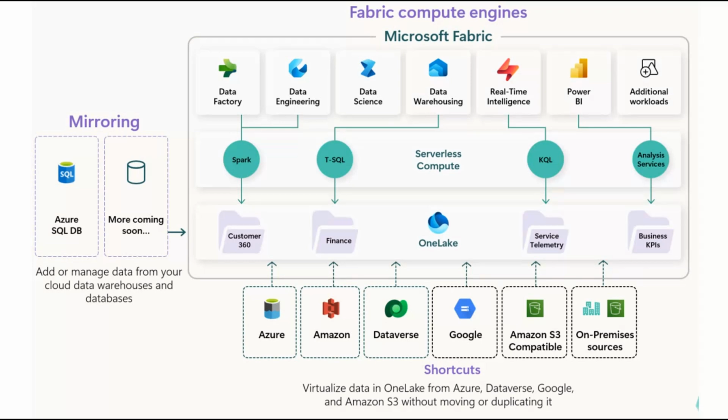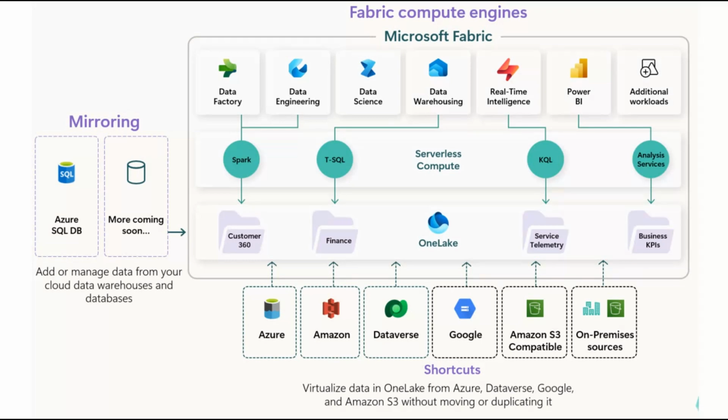Another cool feature of OneLake is shortcuts. Shortcuts are essentially links to data that lives outside of OneLake. Suppose you already have data stored elsewhere, maybe in an Azure data lake or another cloud storage. Instead of copying the data into OneLake, you can create a shortcut in Fabric. The shortcut will point to the external data as if it were part of OneLake.